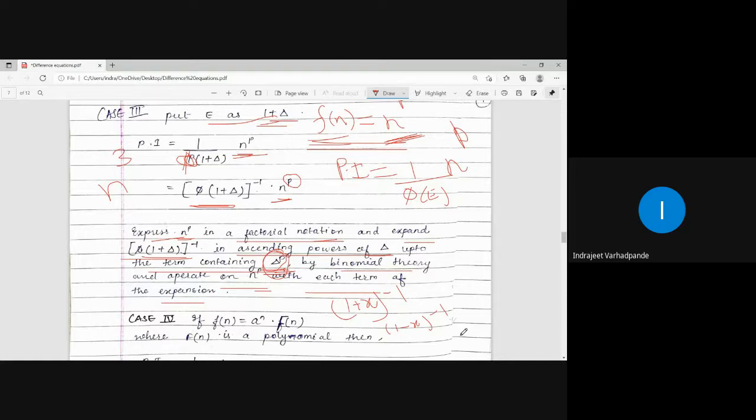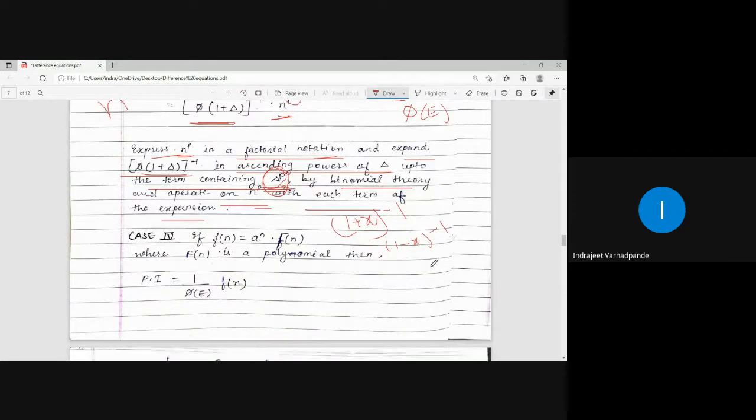The expansion will be written till the term of the degree of the polynomial. So the expansion is written up to delta to the power p because the degree of the factorial polynomial is p, and we know how a simple polynomial is converted to a factorial polynomial, right? So accordingly we will get the answer.